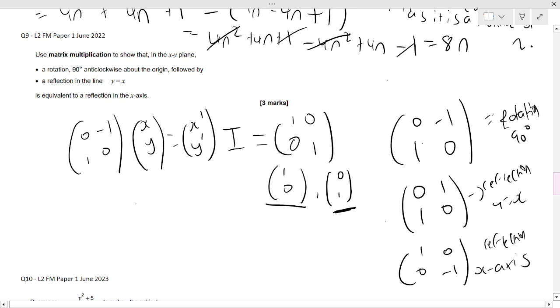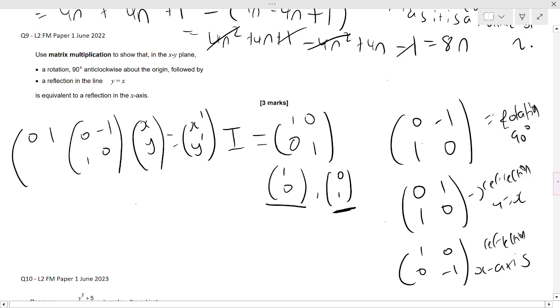So in that respect, if we want to apply the rotation first, we're going to want the rotation matrix closer to the point, which means we want the reflection afterwards.